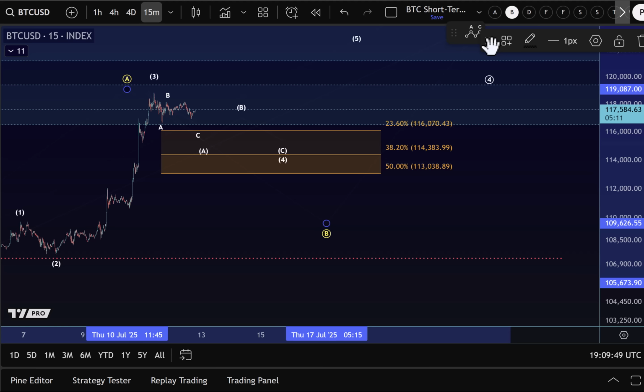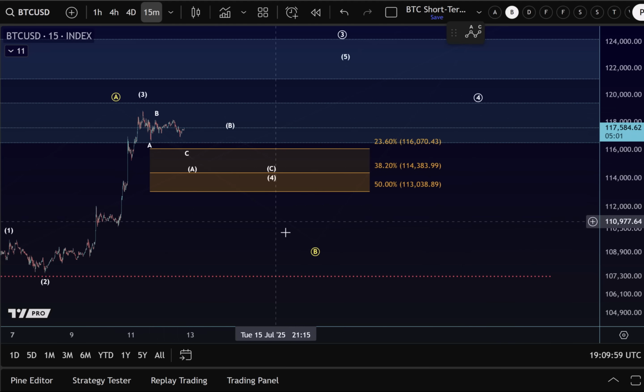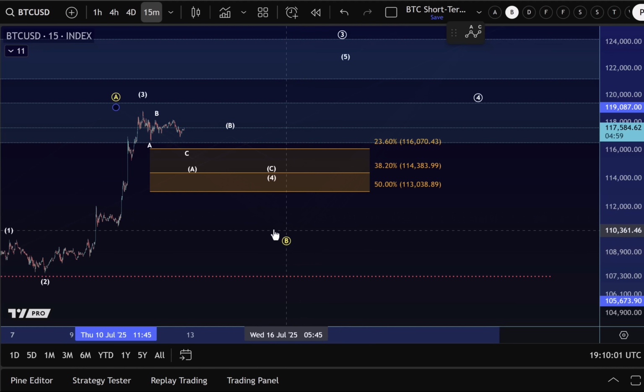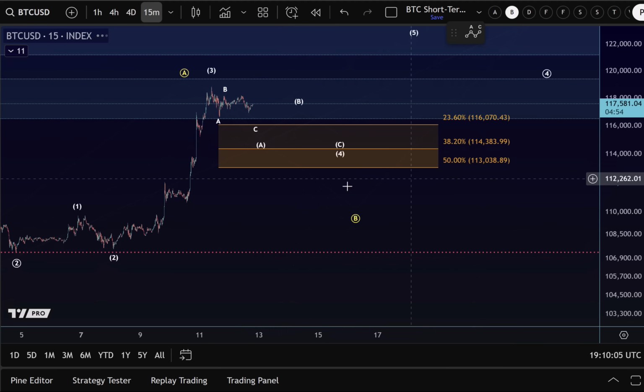It's important. Because otherwise you wouldn't know what's going on if we break support. So for now, the direct focus remains here on higher prices. And the B wave pullback, for example, could take us a little lower. But then if we break below 113K, we will likely shift the focus here to round about 107,250 or so.